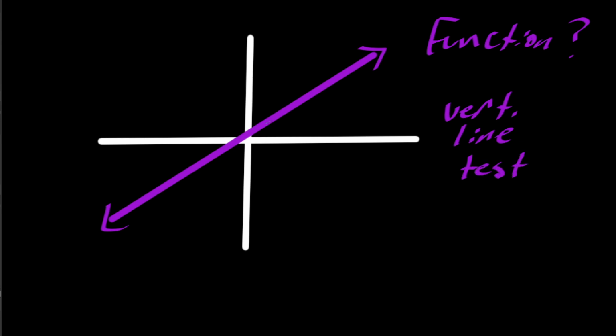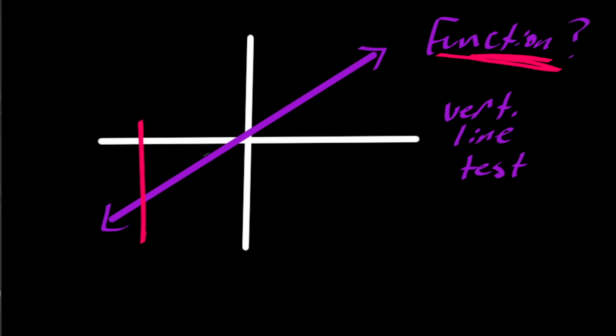Now, instead of there being specific points, I just have a line. So, once again, I should be able to draw a vertical line anywhere on this graph. And if this is a function, that vertical line will only hit this line one time per vertical line that I draw. So let's just say I draw this vertical line.